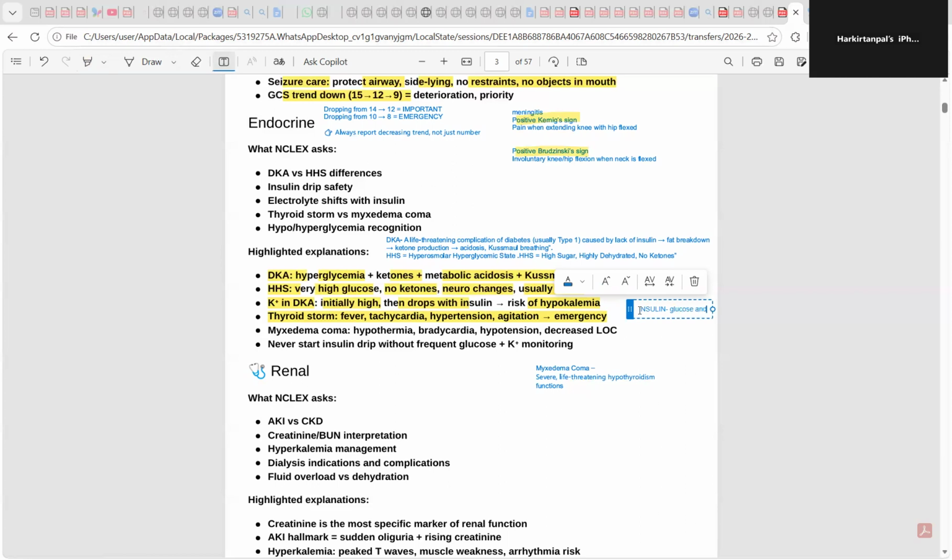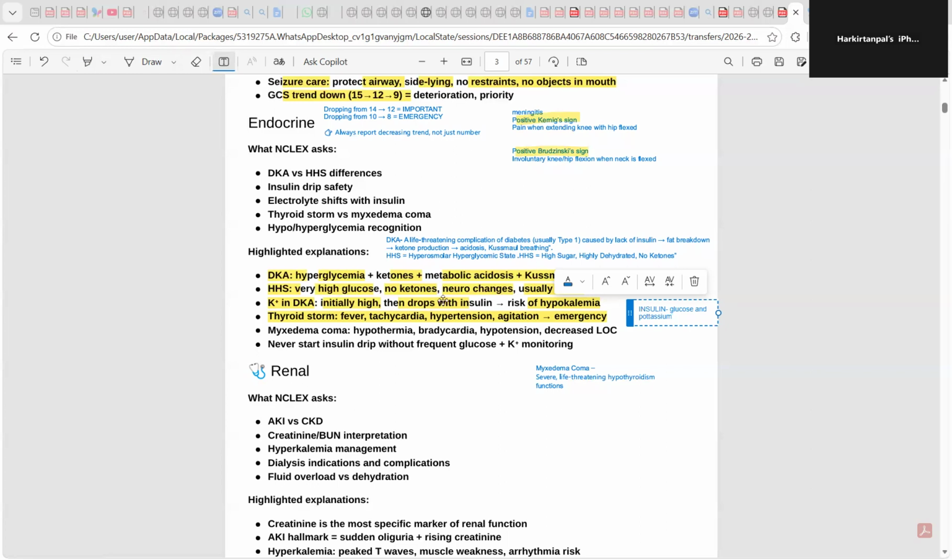So for a patient who is getting an insulin infusion, there are two things we need to monitor: glucose and potassium, because there is a risk for hypoglycemia as well as hypokalemia, because insulin will draw the blood glucose and the potassium into the cells.